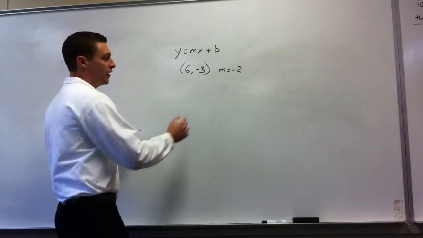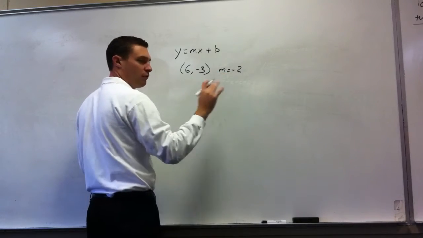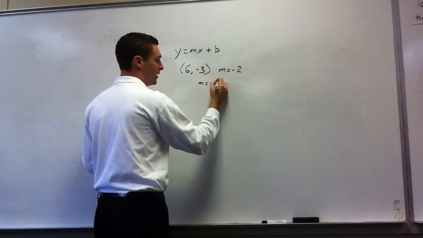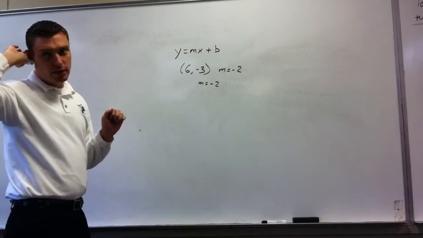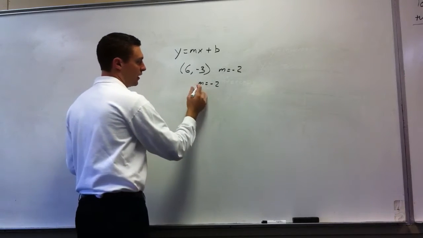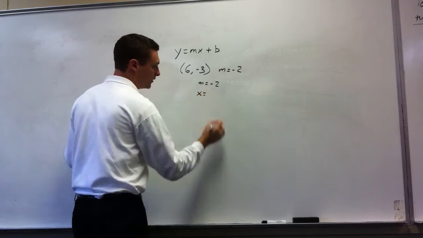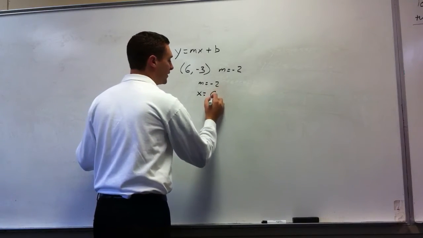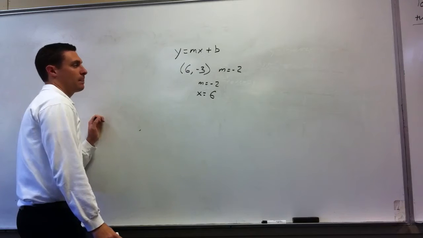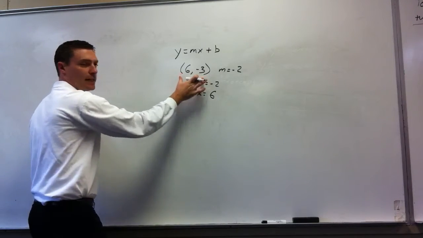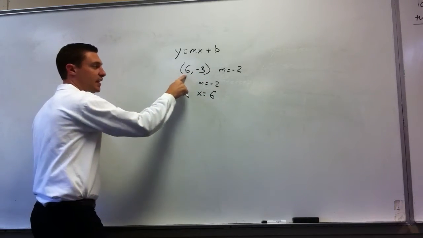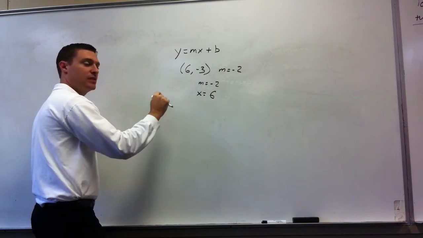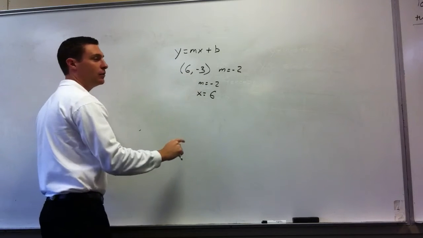Okay, so here's what we're going to do. Write all this down in your comp book as we're following down. M equals -2. Now, I also know the value of X. What is the value of X? 6. How do I know the value of X is 6? Because when it says (6, -3), it means X equals 6 and Y equals -3.